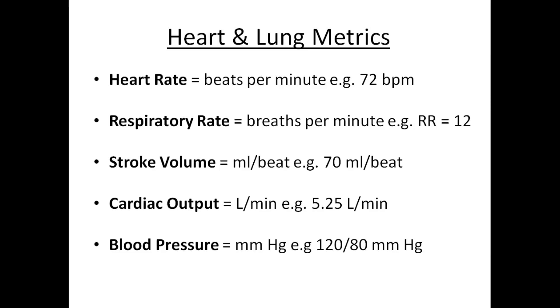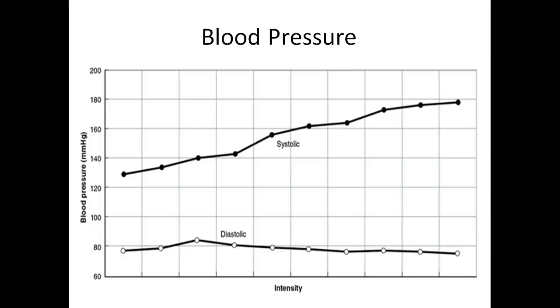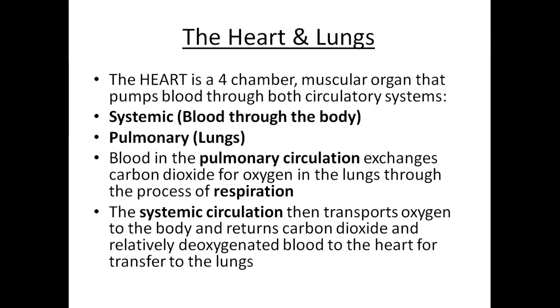Blood pressure, average blood pressure measured in millimeters of mercury is 120/80. As you can see, diastolic, which is the 80, shouldn't change too much with exercise intensity. But systolic is going to change significantly with exercise. So just remember that. It's the systolic and the diastolic.